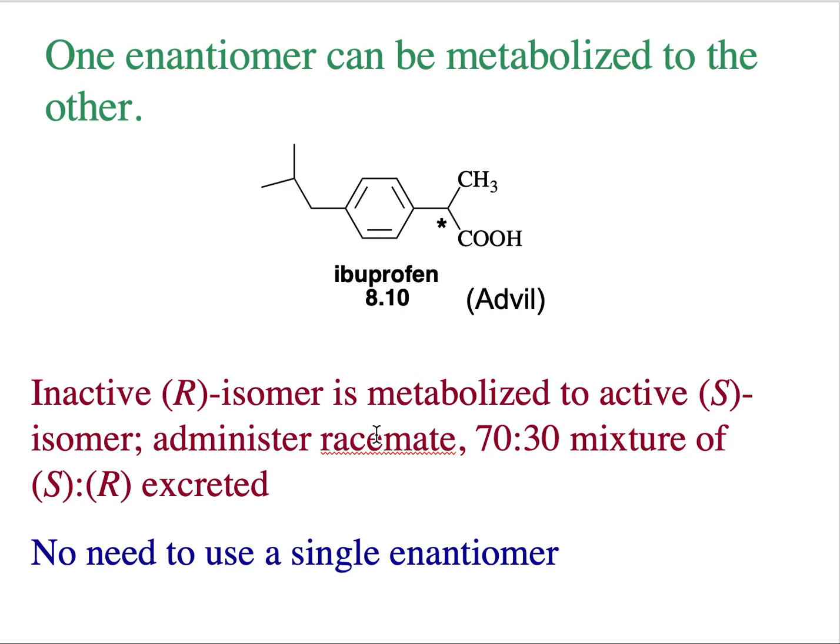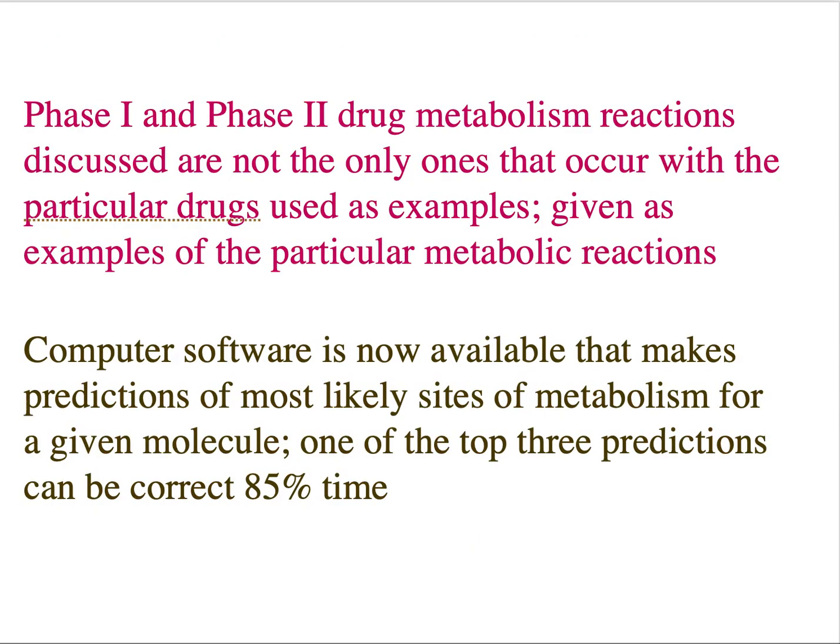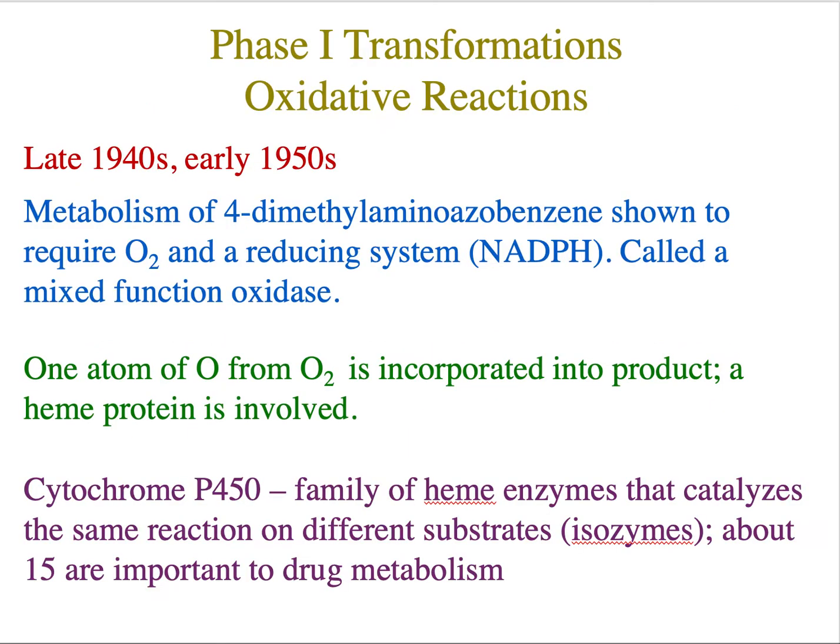You can administer the racemate, which is easier to make, and then the body can convert. There's computer software that can predict it pretty well. So that's pretty good.